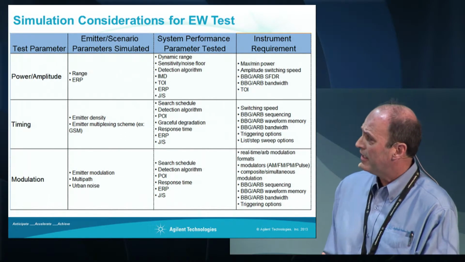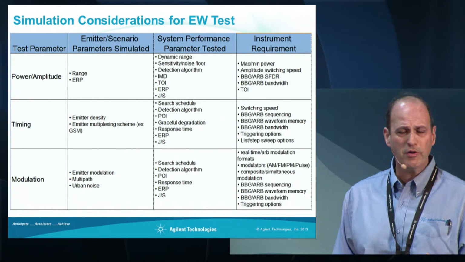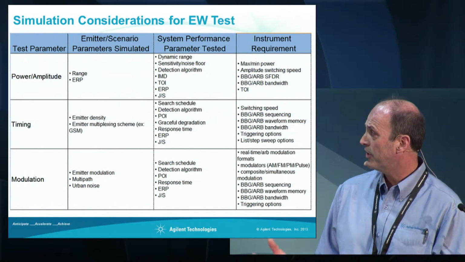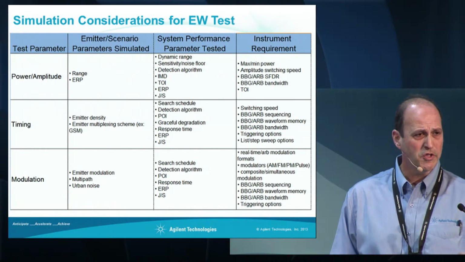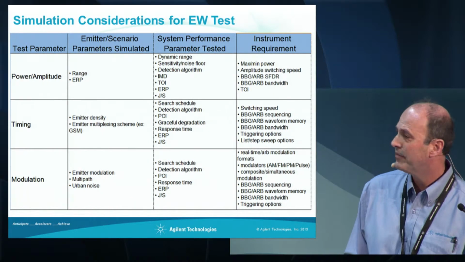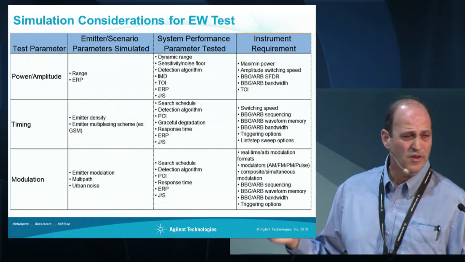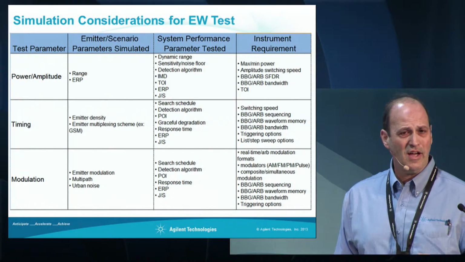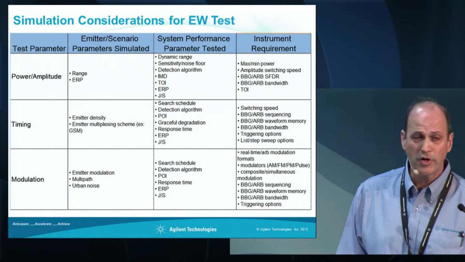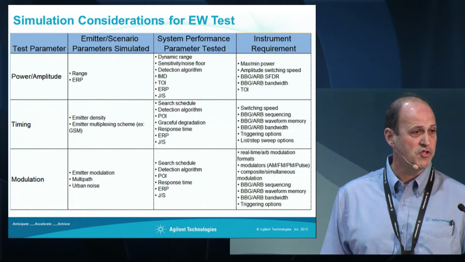In terms of timing, again, the faster our system can tune to different frequencies, the greater the number of potential harmful emitters we can simulate, and we can multiplex very quickly between these signals to do a more realistic environment. Again, the implications for the EW system then are having an accurate and sufficient search schedule that allows us to look at all these different frequencies very quickly and have very high probability of intercept and have enough jamming to signal ratio.